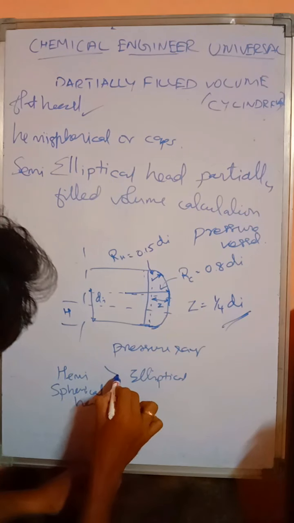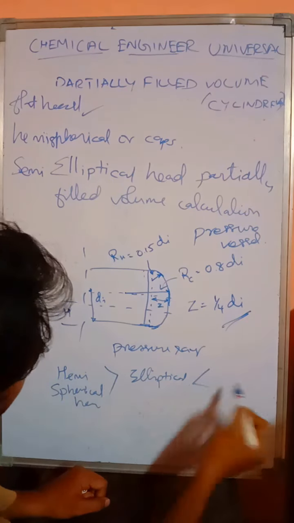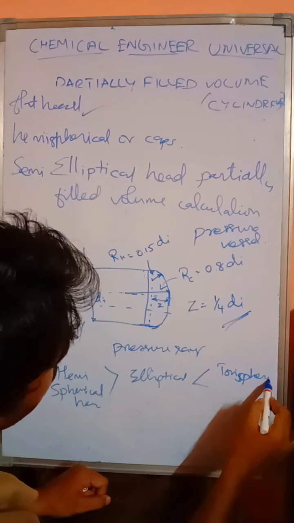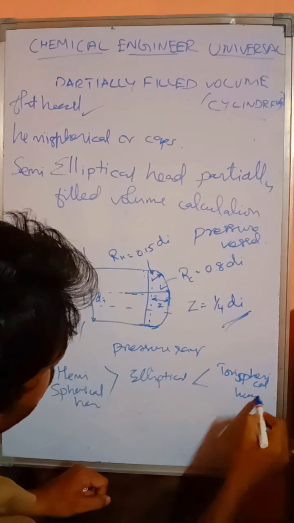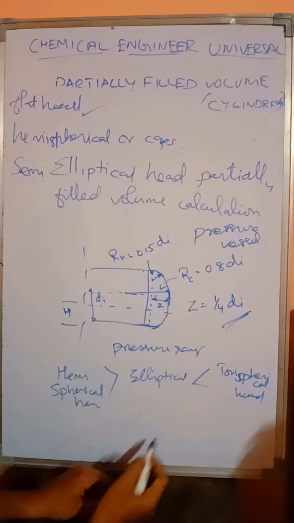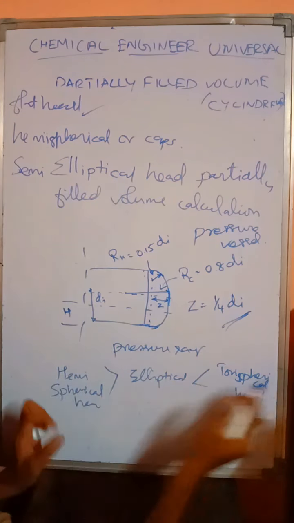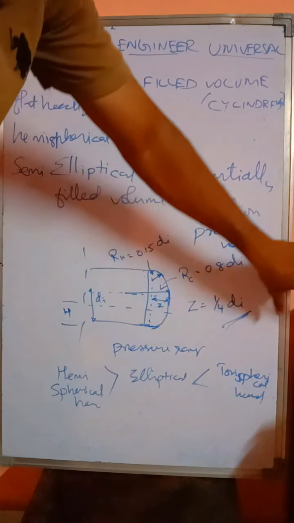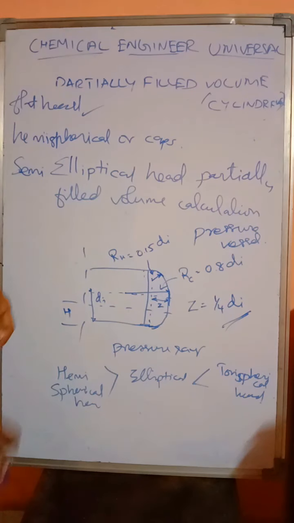So this is more, and this is between torispherical. Next we will see that. So that's how the pressure range is between these two types, right? So this higher range is getting low while going to the next step down. Okay, that's how the pressure range will be.